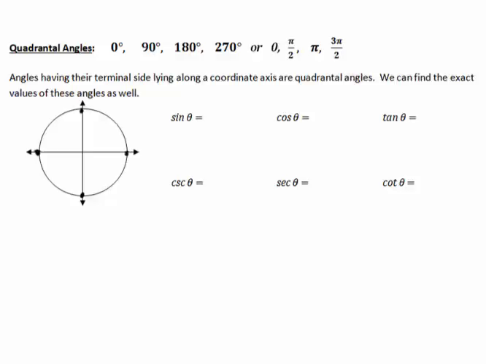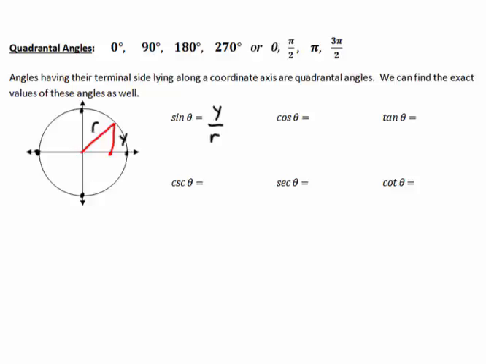Now, we have to keep in mind how we found the sine of any angle. If we were to sketch this at any other point on the circle to find the sine of that value, it was the opposite over hypotenuse, the y over the r.